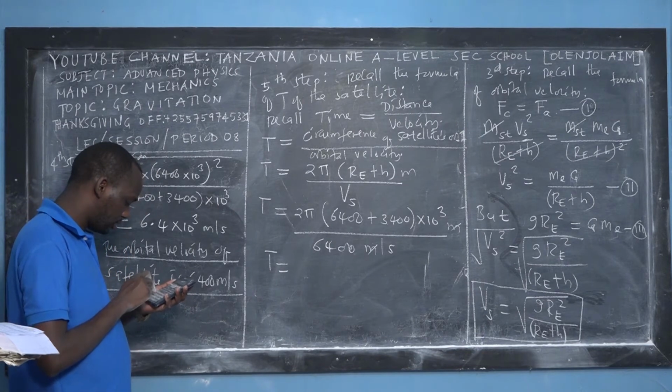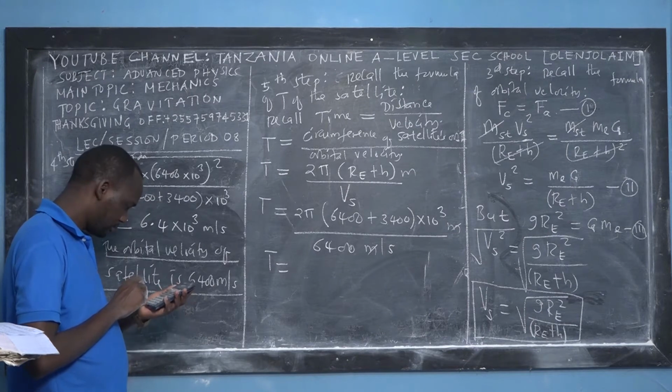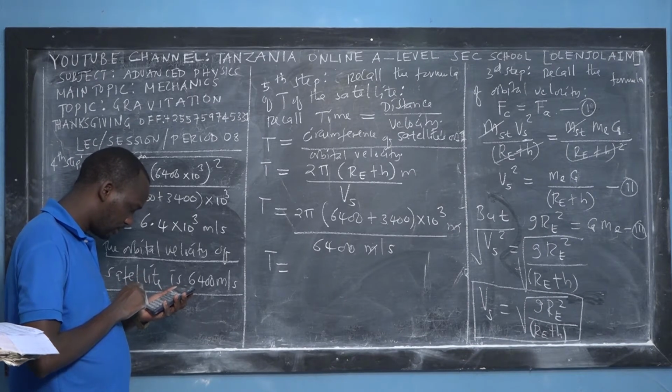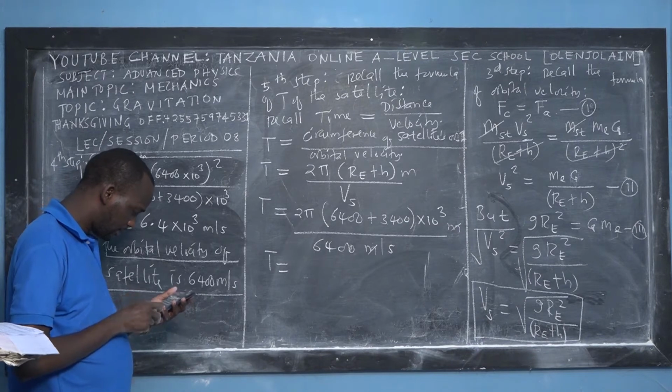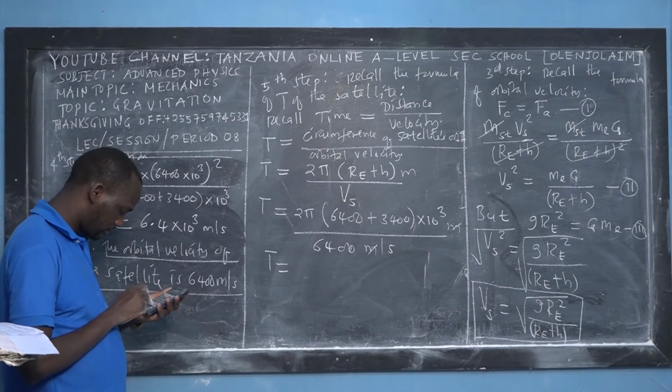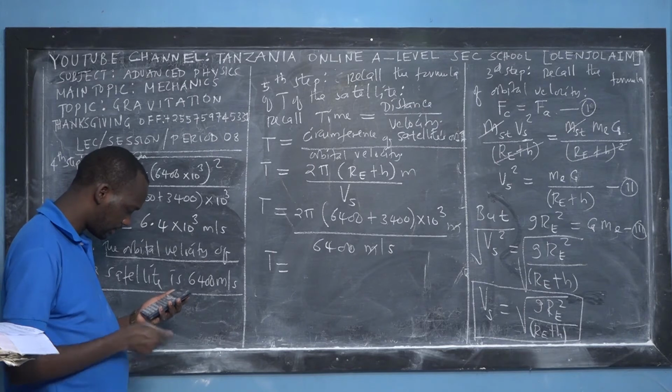So you have to take 6,400 and then plus 400, and then you say that this one times 1,000, and then times twice pi, and then divided by 6,400.